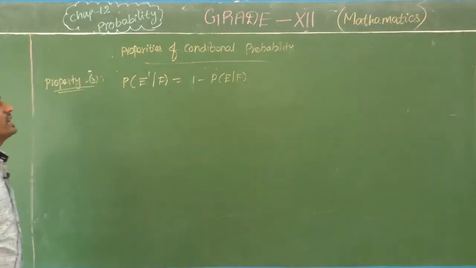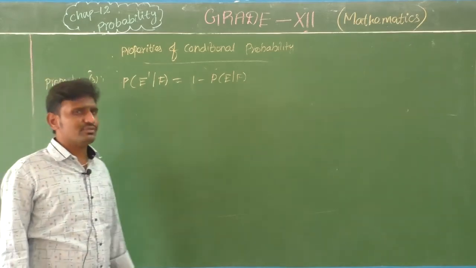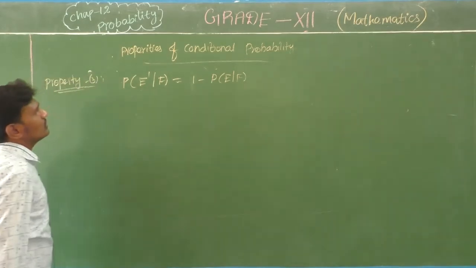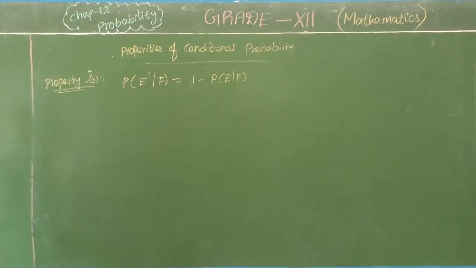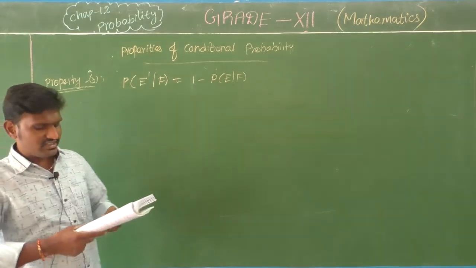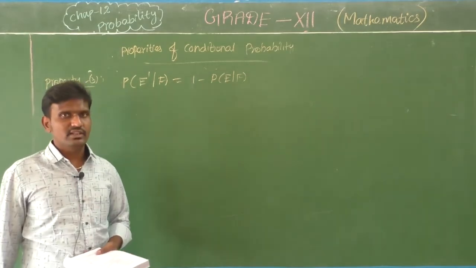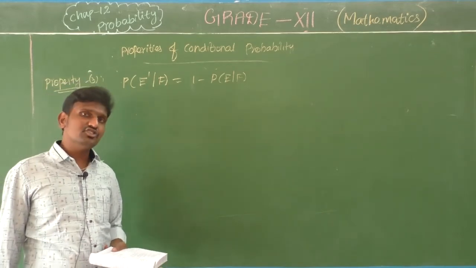Here also the conditional probability P of E dash by F is equal to 1 minus P of E by F, or P of E bar by F is equal to 1 minus P of E by F. That's all, nothing else big to say. Here E and E bar are disjoint events. I have already explained what a disjoint event is.